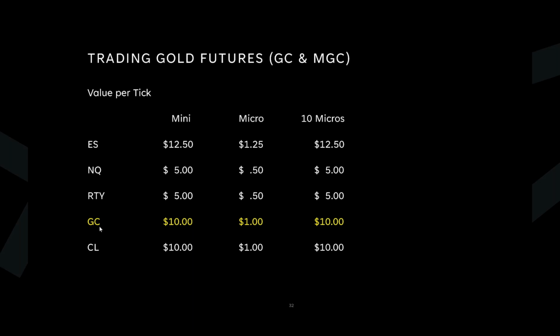Now, without getting into a tangent, that's not as smart as working with minis, because the commission structure is such that if you choose 10 micros instead of one mini, you're going to actually pay a bit more percentage-wise in commissions. But there might be reasons why you want to use multiple micros, which a lot of our customers do.